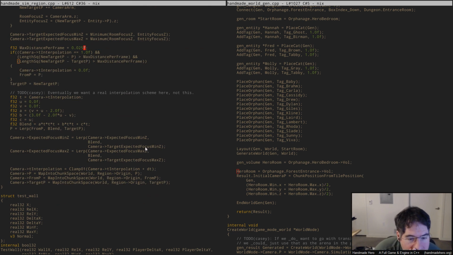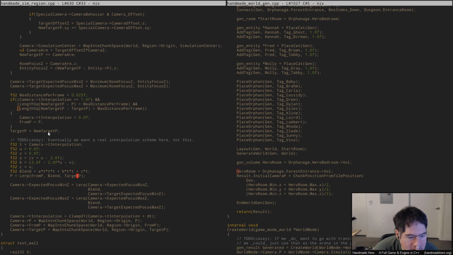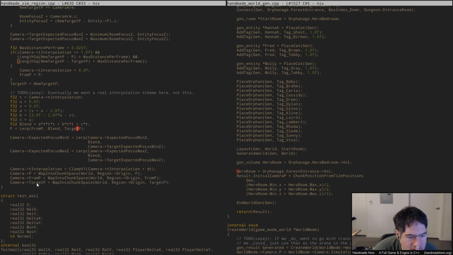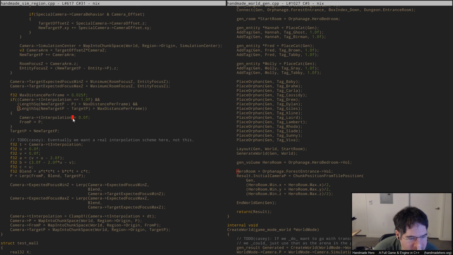That's a weird one. Because if we're blending from this P to this P, I'm not sure how the T interpolation value could ever be something that would produce a rightward motion like that.